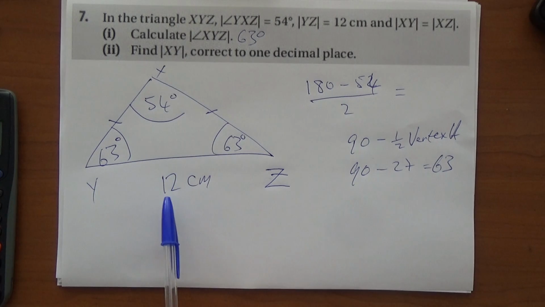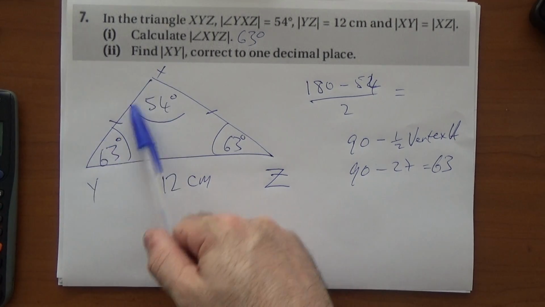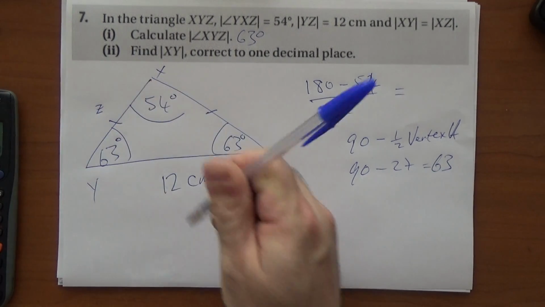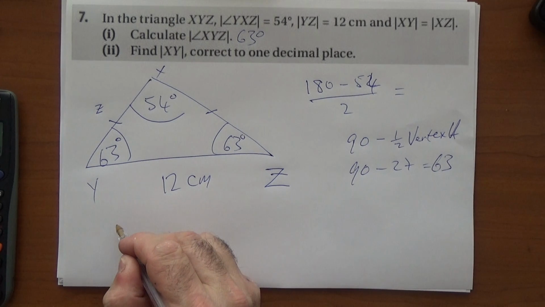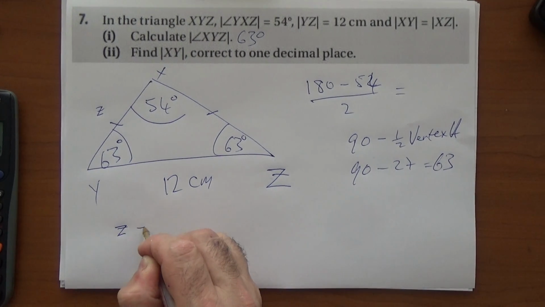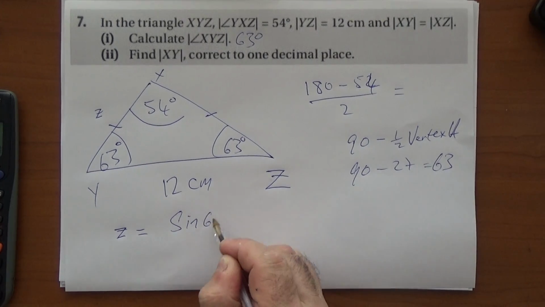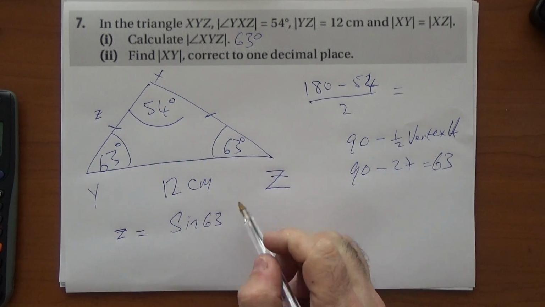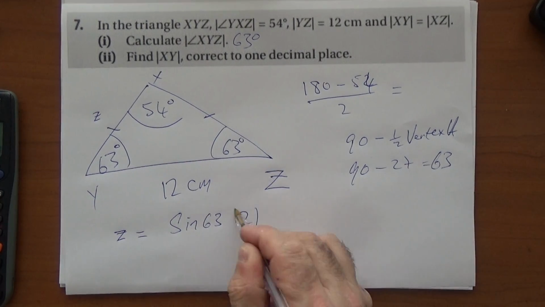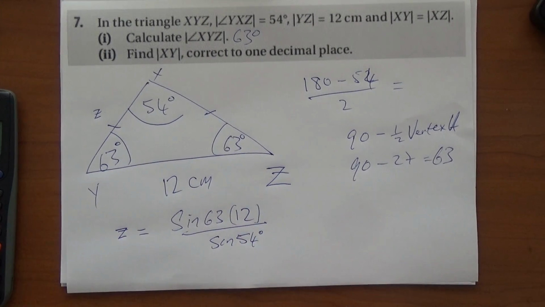And find the length XY, and you just look for your diagram, you're talking about this length. Well, they really mean length z to 1 decimal place. So it'll be z over the sine of 63 is equal to a side, 12 over the sine of 54 degrees.